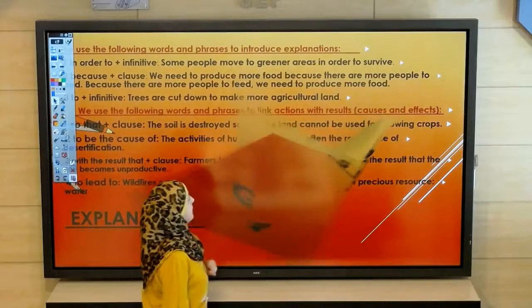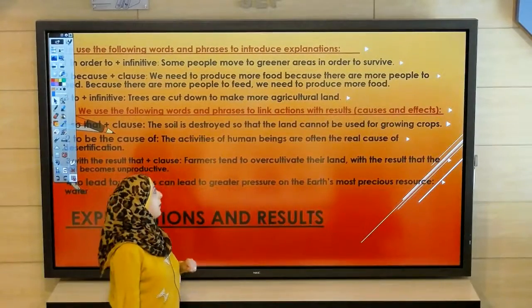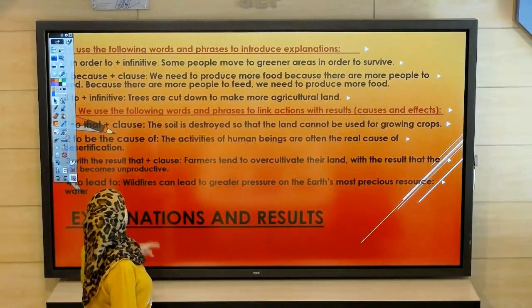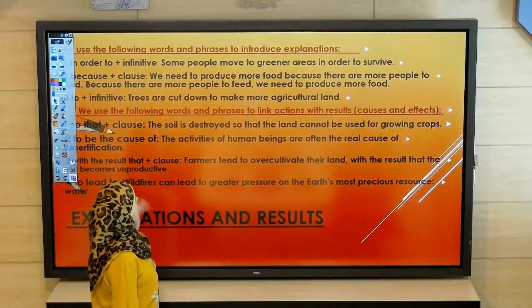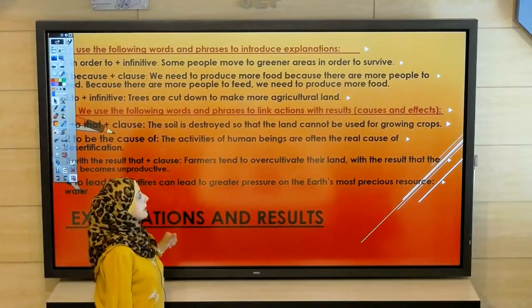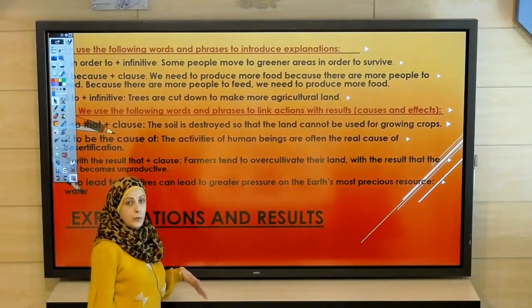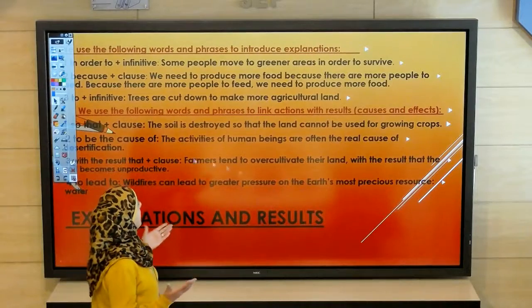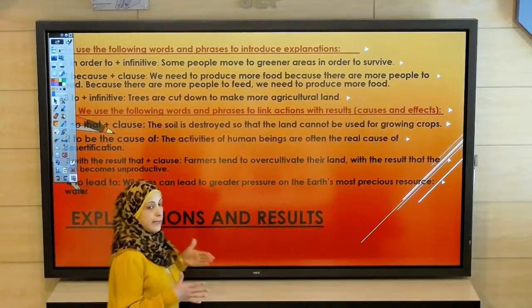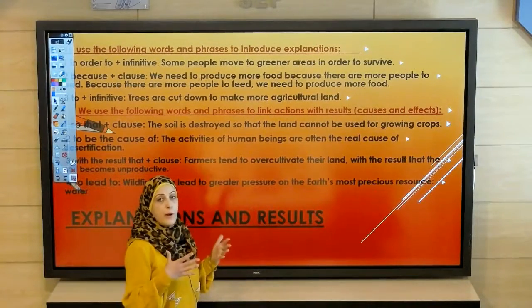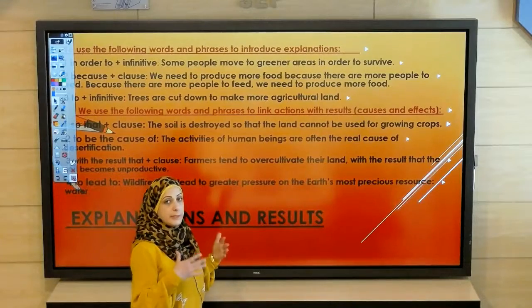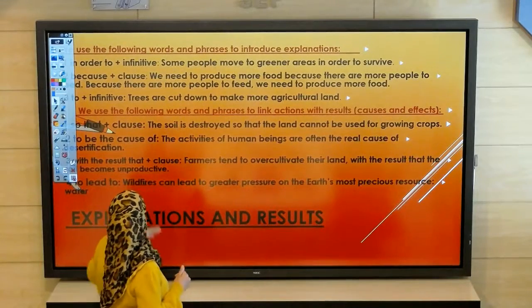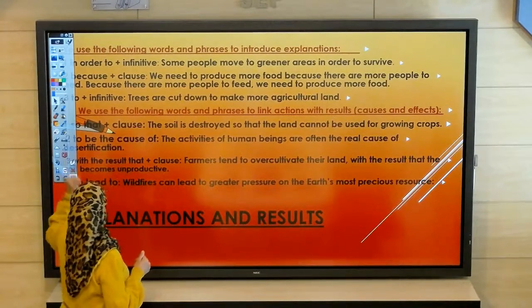Let's start with the first part. We use the following words and phrases to introduce explanations. So, what do we use to explain? To explain explanations and to write results, explanations, etc. Okay? Let's start with number 1.